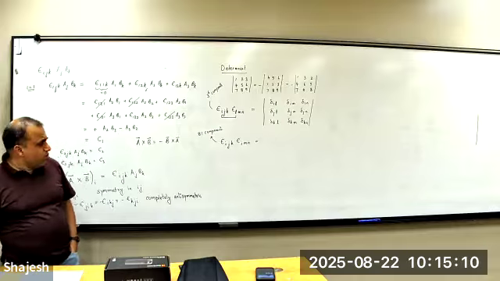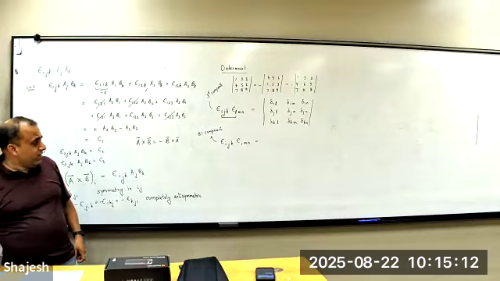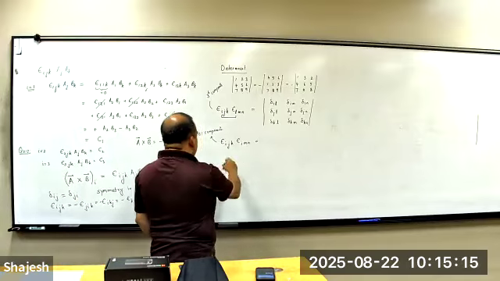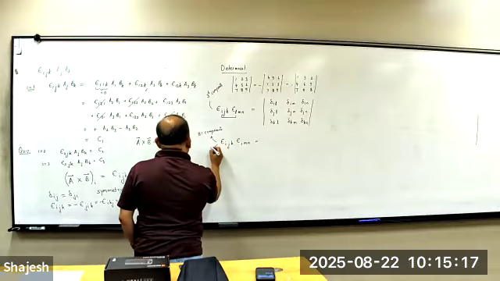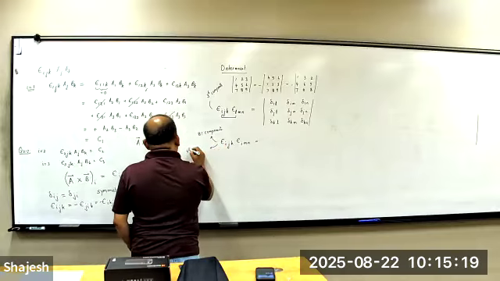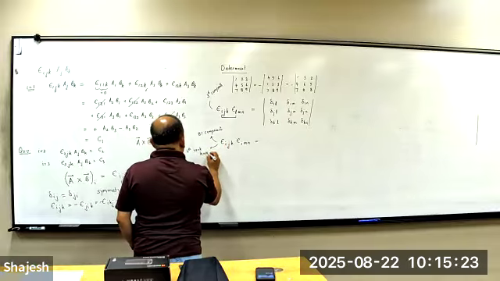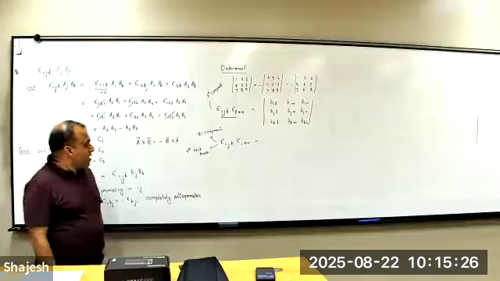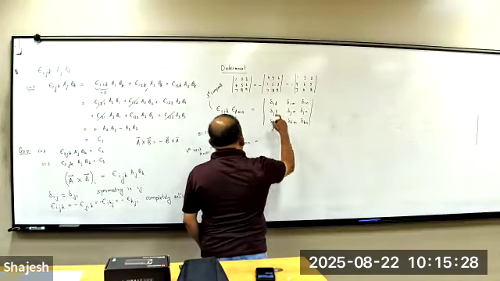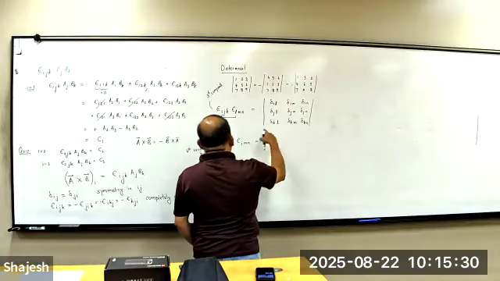But more importantly, it is a fourth rank tensor. So maybe I should write that. So this is a 4th rank tensor. So I can put this in, correct?